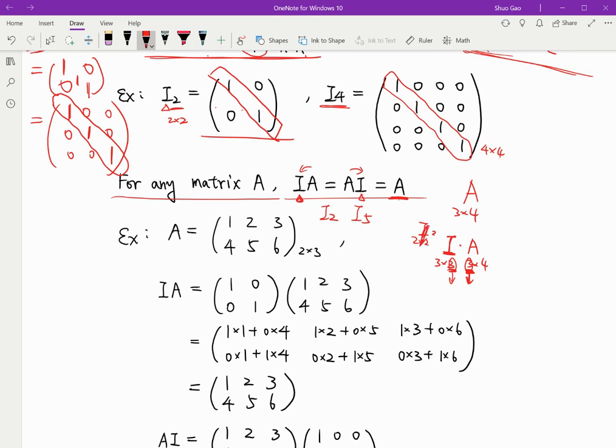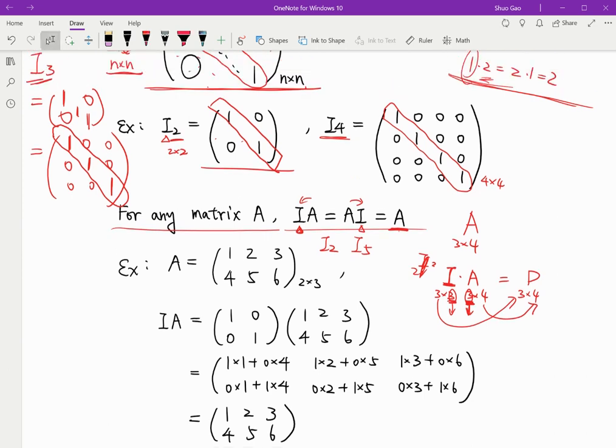Okay, so the resulting matrix, I'll call this D. So I times A equals D, and D should be of dimension 3 by 4, right? We combine this number and this number, so we get the resulting matrix.